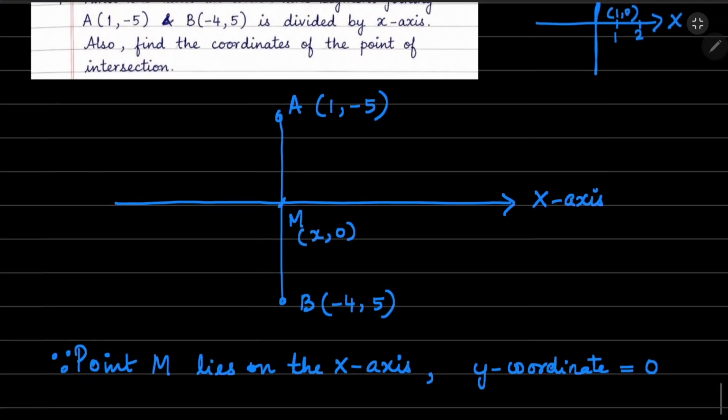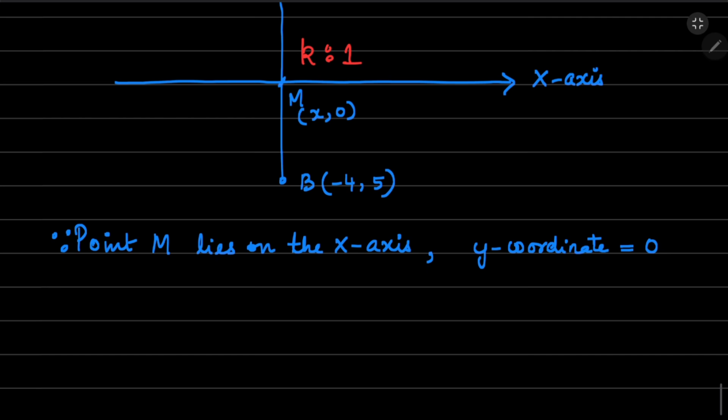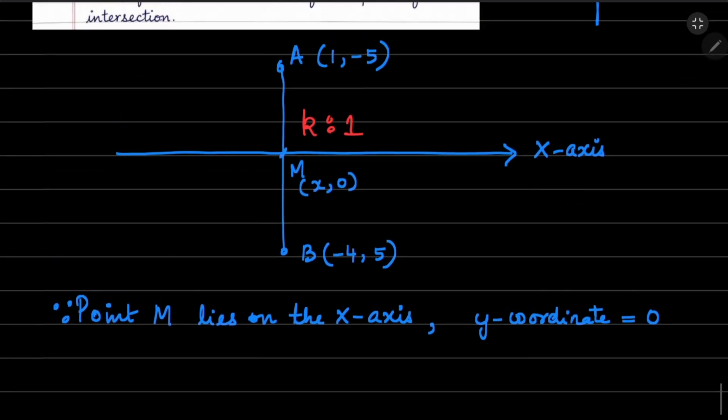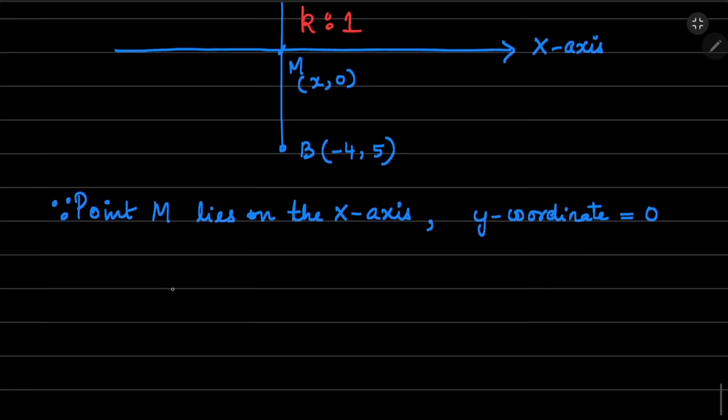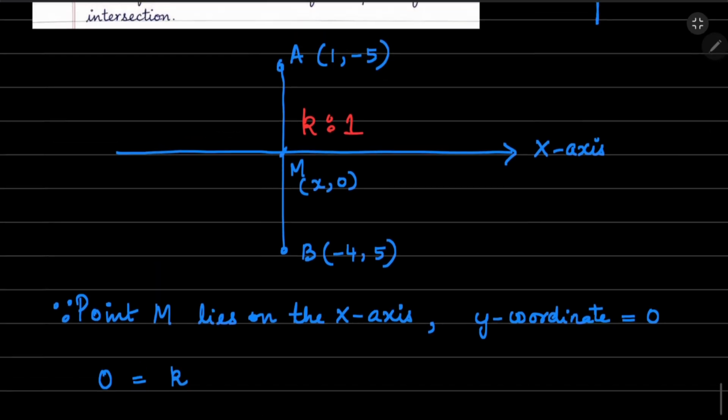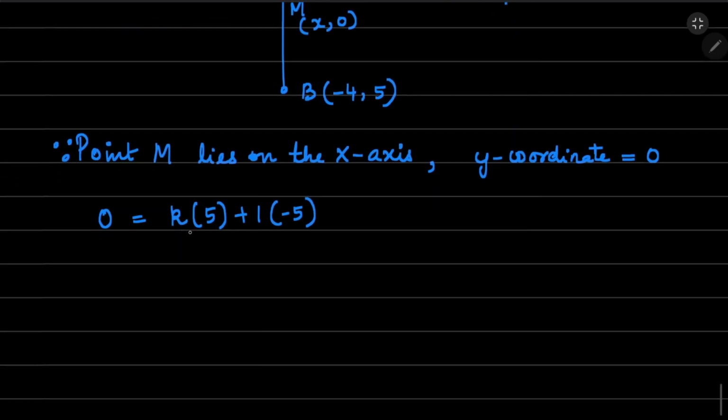Right? So now let the ratio be k is to 1. Whenever you are asked to find the ratio, you can take it as k is to 1. Let's apply the section formula. We'll take the 0 first. So in order to find k, 0 is equal to, taking only the y coordinates, k multiplied by 5 plus 1 multiplied by minus 5 divided by k plus 1.